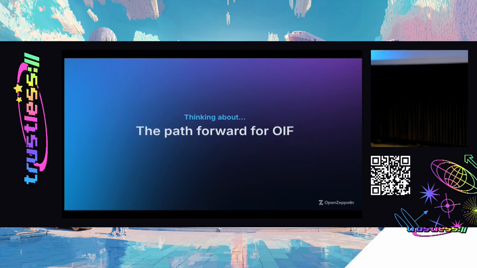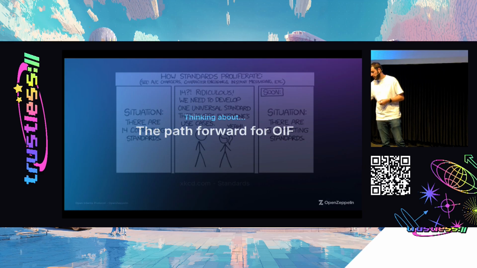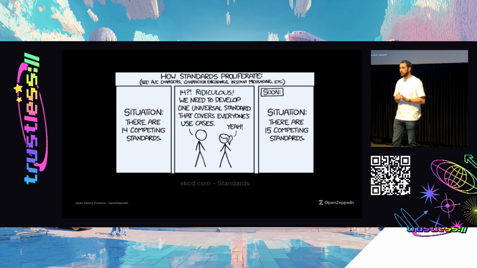Okay, thank you, Fran. So now that we know what OIF is, what's going to happen with OIF in the future? It's something that we're still looking into how to solve, but there is a classical problem that we want to avoid, and that is that this is a standard that is trying to substitute other standards.